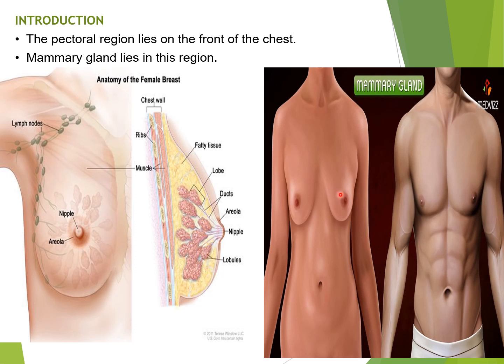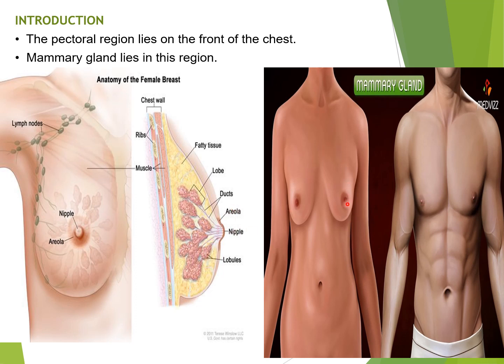The areola is fully formed in both males and females, but the nipple is small in immature females. Now after puberty, the female breasts are well developed.